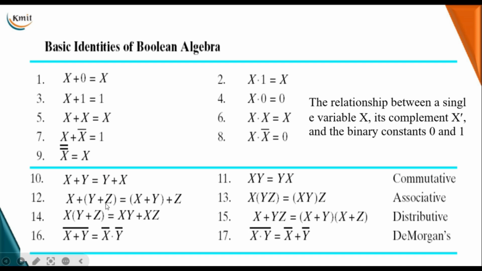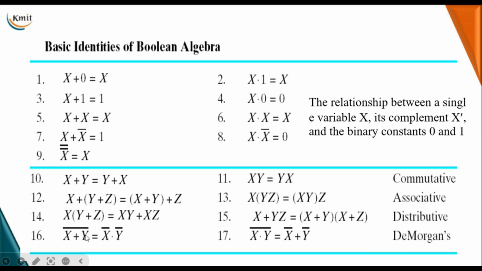Associative law of Boolean algebra: x OR (y OR z) is equal to (x OR y) OR z, and x AND (y AND z) is equal to (x AND y) AND z. The distributive law in Boolean algebra is defined as x AND (y OR z) is equal to xy OR xz, and x OR yz is equal to (x OR y) AND (x OR z).